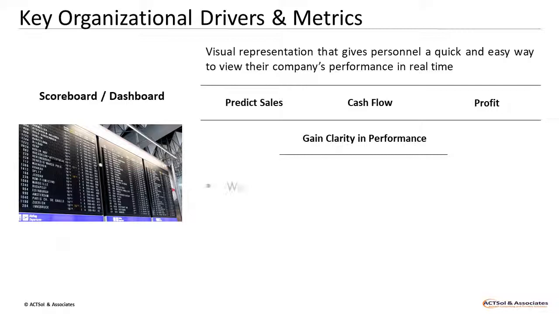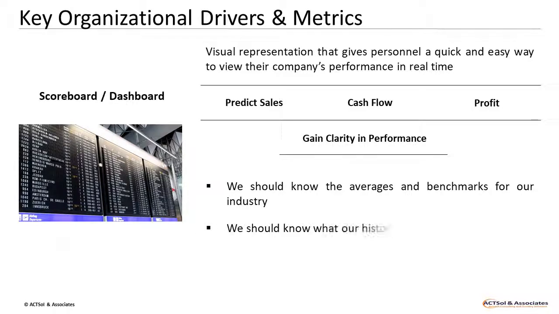First, we should know the averages and benchmarks for our industry. Second, we should know what our historical performance has been on these same averages and benchmarks. And third, we have to develop a balanced scorecard that comprehensively examines the whole company, not just 1 or 2 parts.